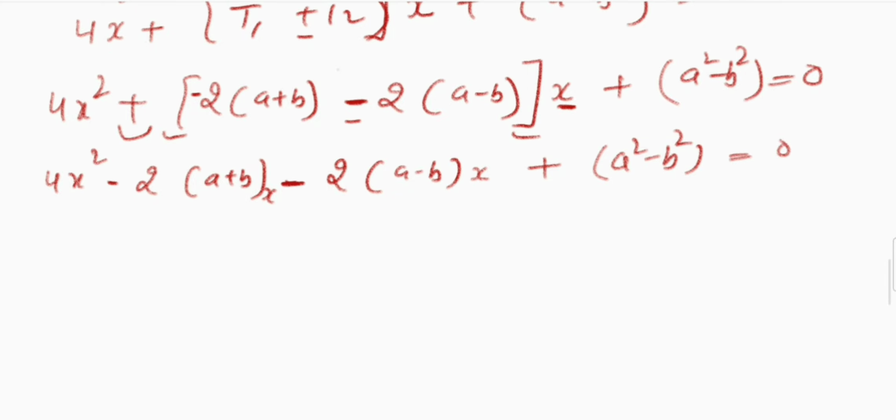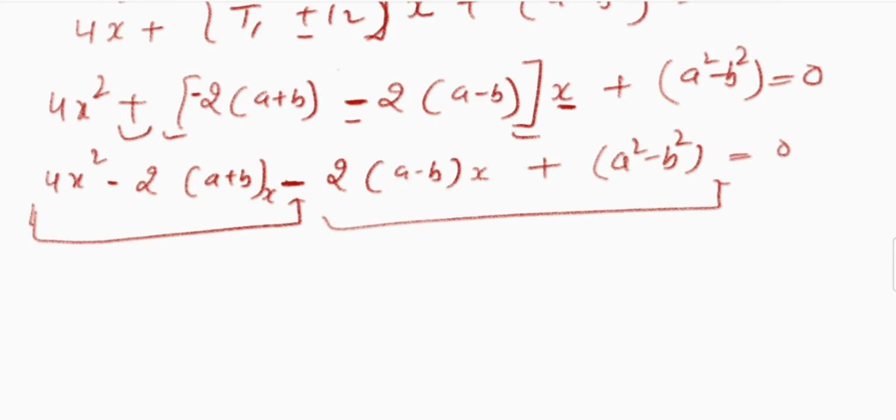So I can write these two together and these two together. From here this 2 is common and x is common, and inside I will be left with 2x − (a + b).